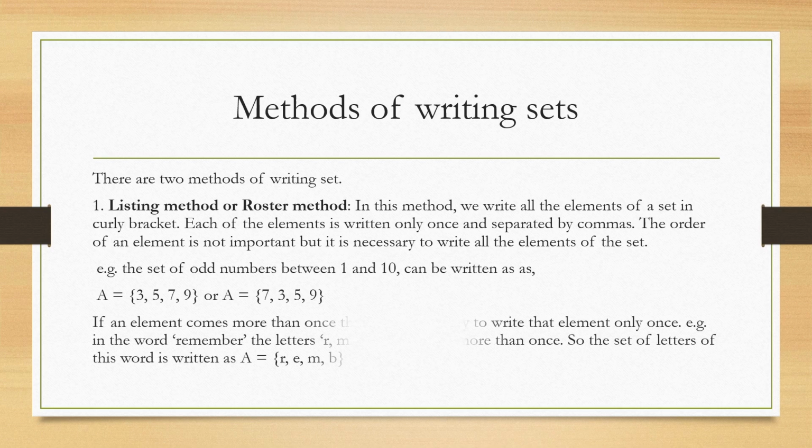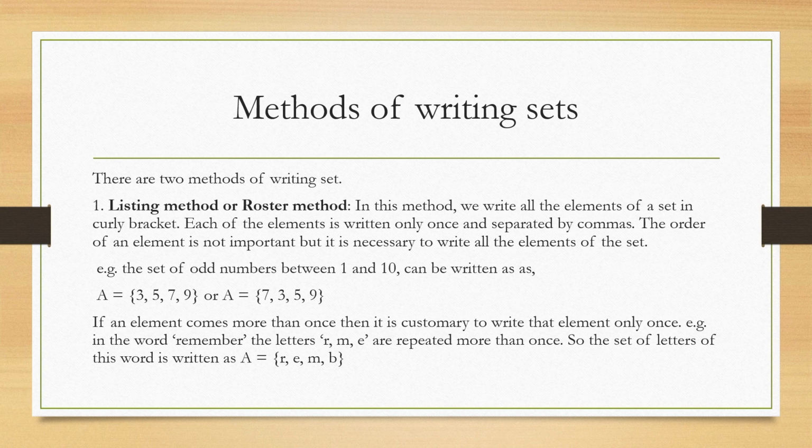If an element comes more than once, then it is customary to write the element once only. Let us get more clear by an example. In the word remember, the letters R and E are repeated more than one time.